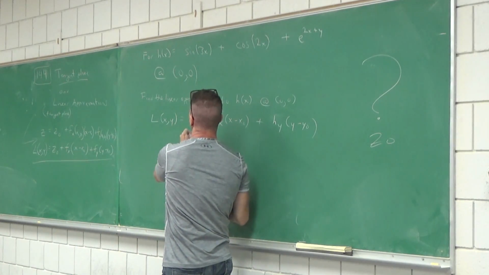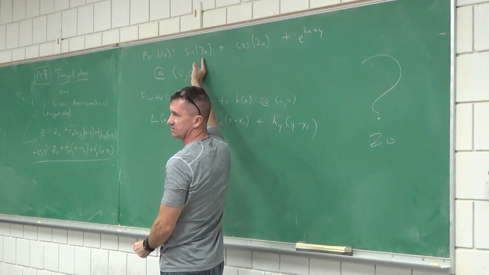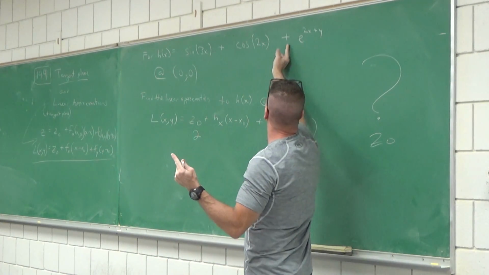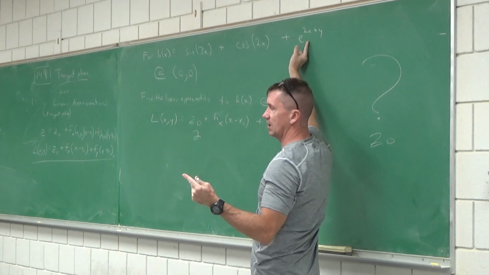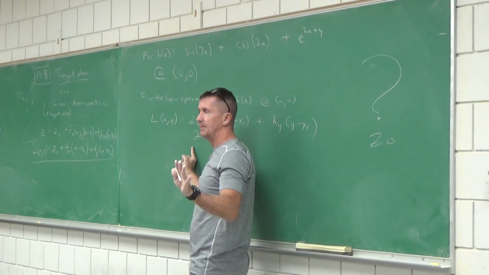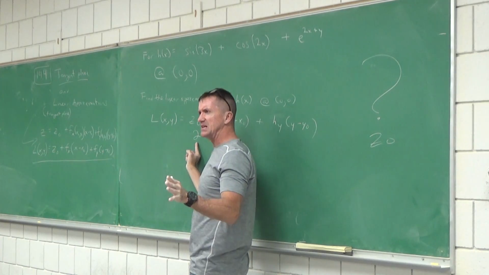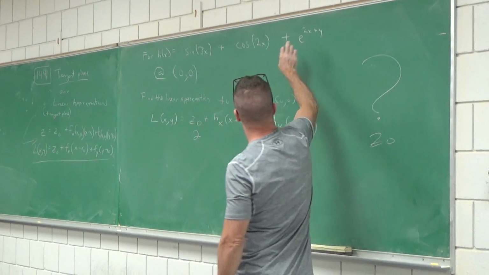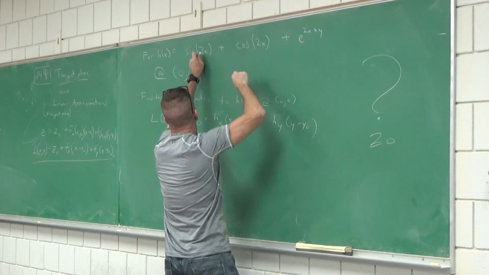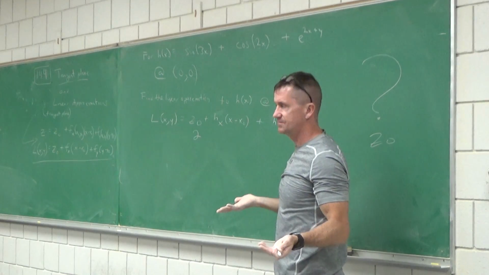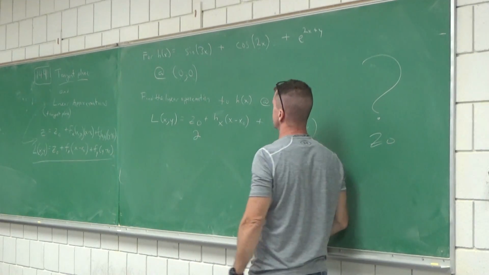Sine of 0 is 0, plus cosine of 0 is 1, plus e to the 0 plus 0 is another 1, so he's getting a 2. I must be clear, because you might look back at your notes and wonder where the 2 came from. It wasn't given. He just plugged these two numbers into the original h. You have to figure it out.